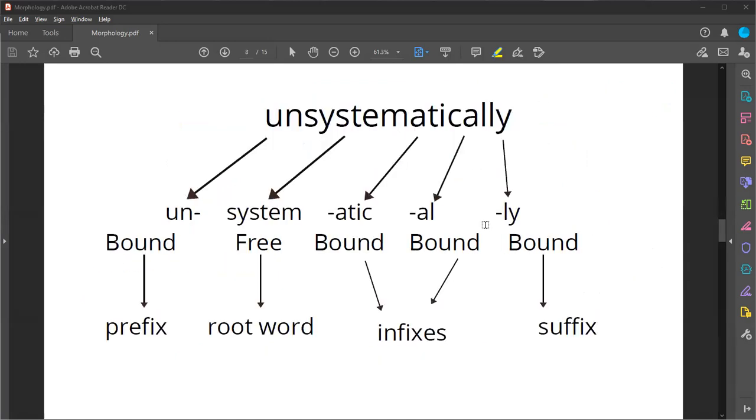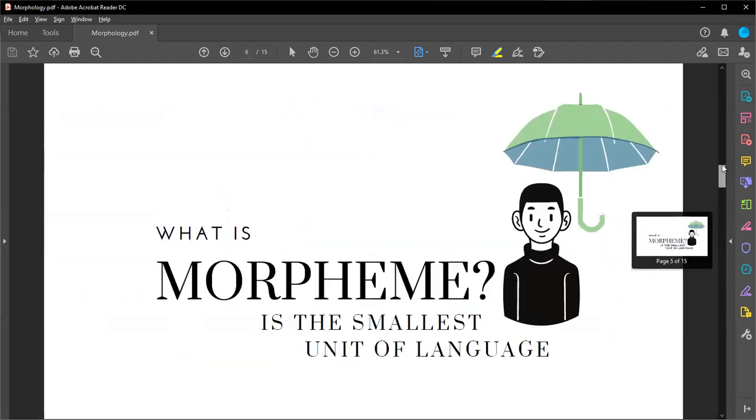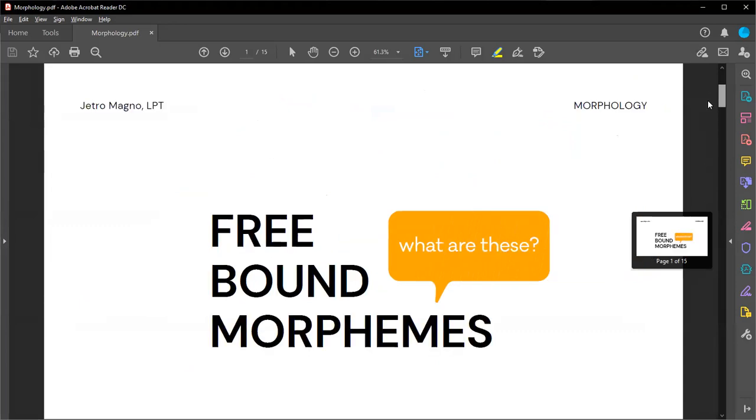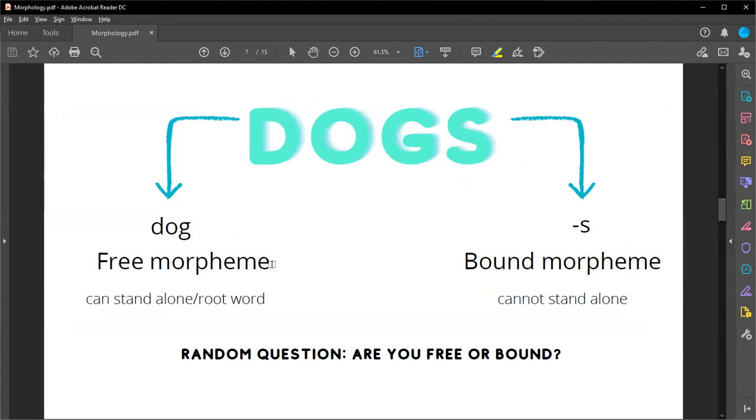So, okay, let's go. Remember, we are done with the dogs, and we already know what is free morpheme, the title of our PowerPoint today, the free morpheme and the bound morpheme. So we already know what is morpheme. A free morpheme can stand alone, just like jog, man, wallet, cell phone, or cell, or phone, or blanket, love, basic, all of the words that can stand alone.